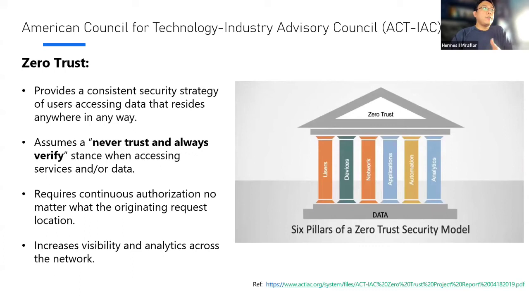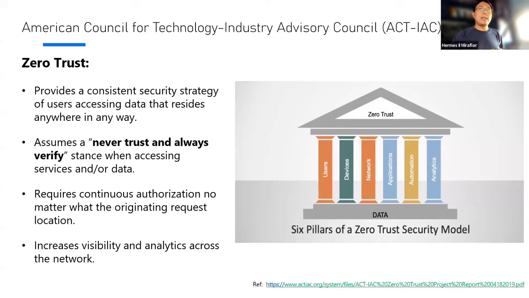We also have the American Council for Technology Industry Advisory Council. This one naman, ang approach nila sa report nila would be, hinati nila yung zero trust security model across 6 pillars. So you have zero trust for users, zero trust for devices, for network, for applications, automation, and analytics.